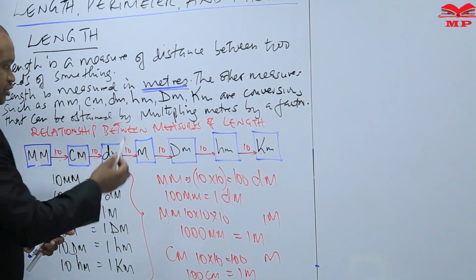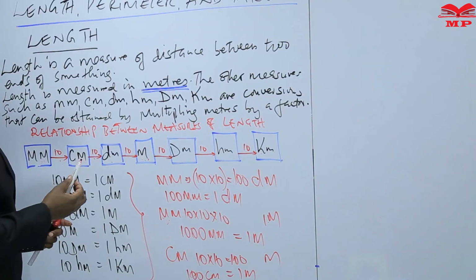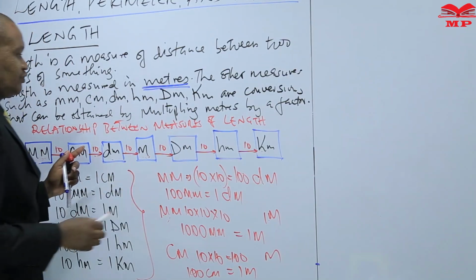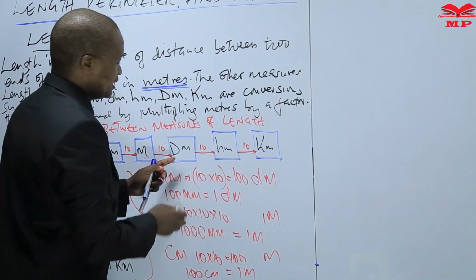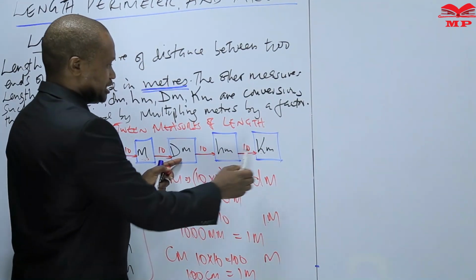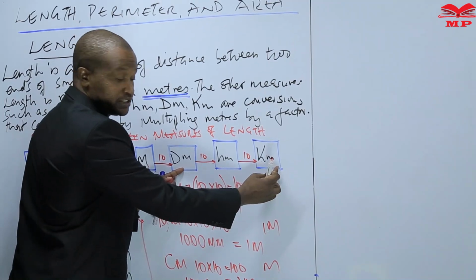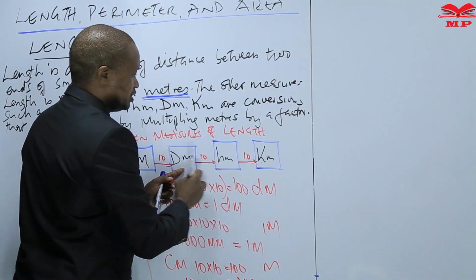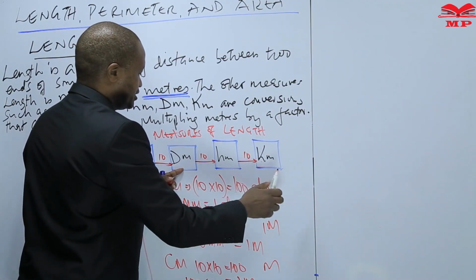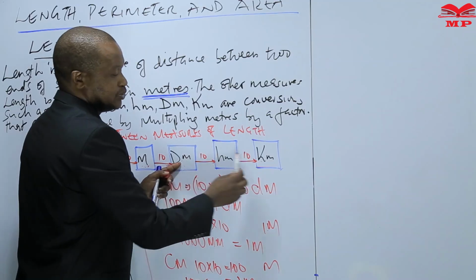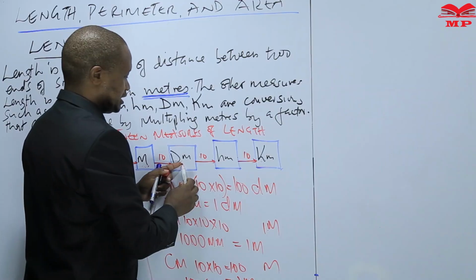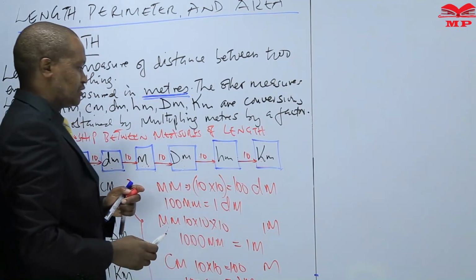If you want to find out how many decameters make 1 kilometer, between decameter and kilometer there are 2 tens. So we multiply 10 by 10, which means 100 decameters is equal to 1 kilometer.